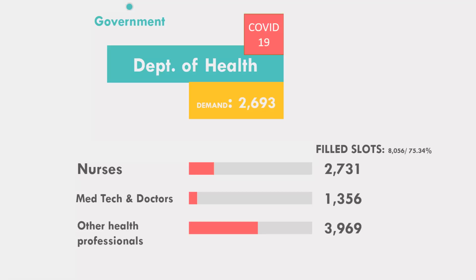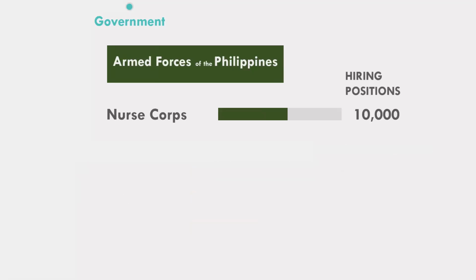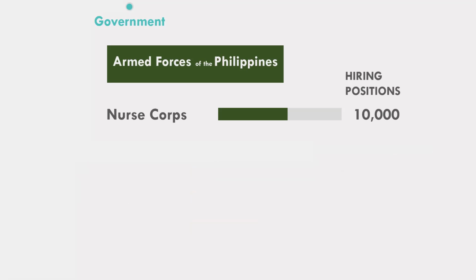We also have emerging opportunities in the Armed Forces of the Philippines. We call this the nurse corps, so you will be called a military nurse. The AFP needs 1,000 registered nurses.